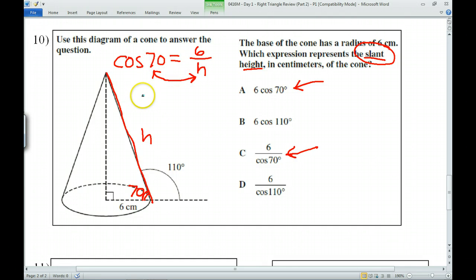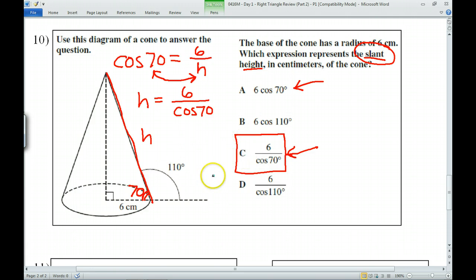So if I do that shortcut, what I get is h equals 6 over cosine 70. Now I'm only going to do that when the variable is in the denominator. If the h had been in the top, I would have just multiplied. So this is the expression for the hypotenuse. So that is C. That's why the answer to number 10 was C.